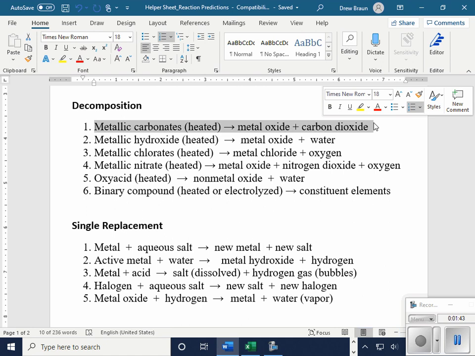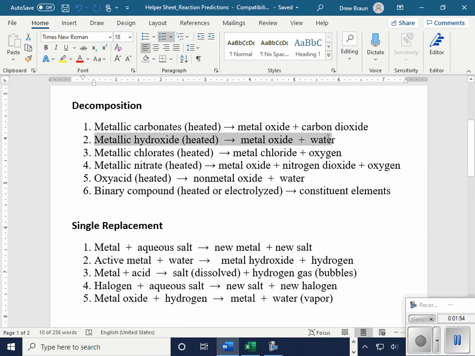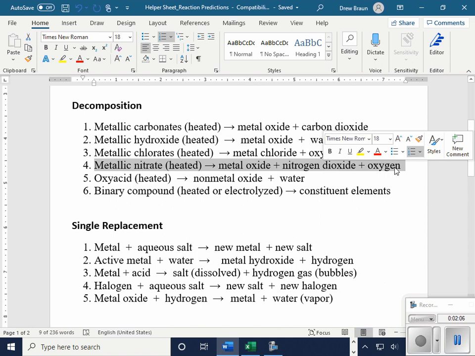The very first one up there, metallic carbonates, so it's dealing with the polyatomic ion CO3. Metallic hydroxides are the second one, dealing with OH minus polyatomics. Metallic chlorates, ClO3 minus 1. Metallic nitrates, NO3 minus 1.